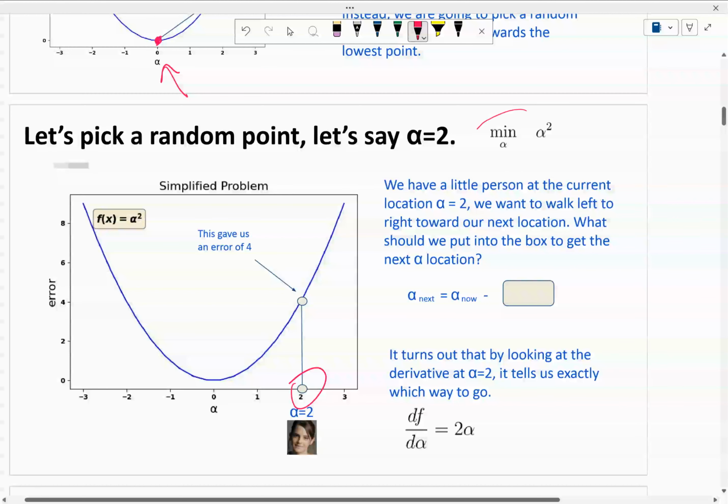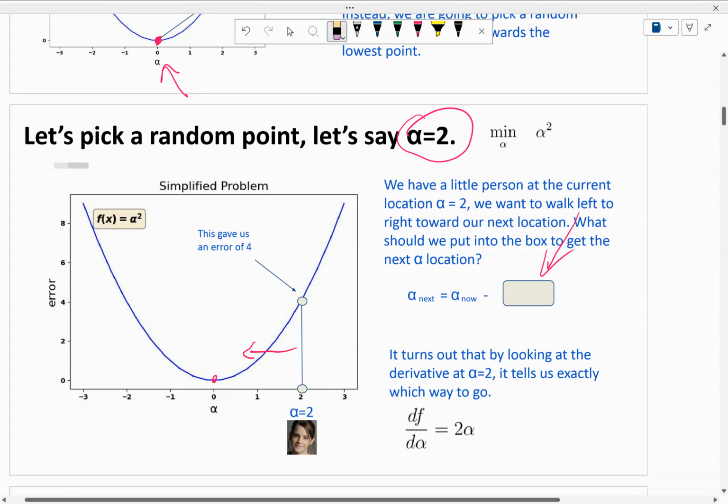So for this function alpha squared, we start with alpha equals 2. The idea is you want to incrementally step towards the optimal solution. If 2 is where we are now, and we want to subtract some value such that it heads towards the optimal solution, then what should we subtract?